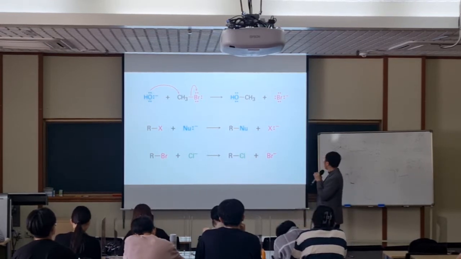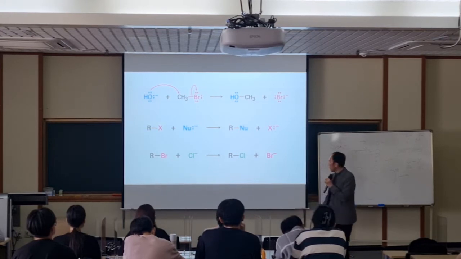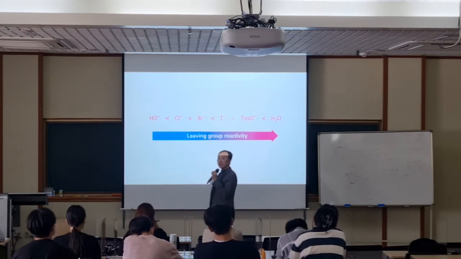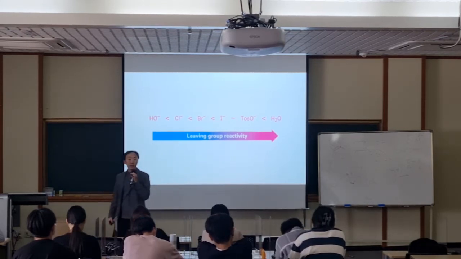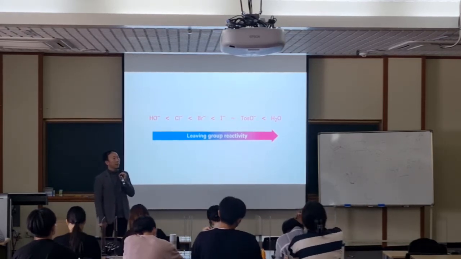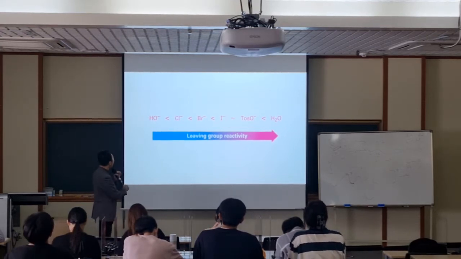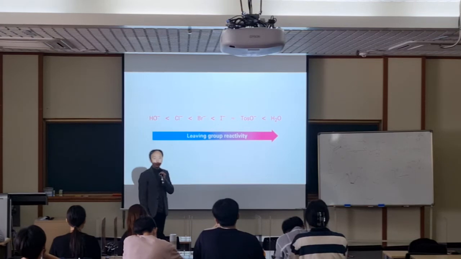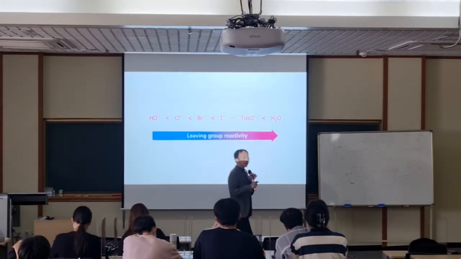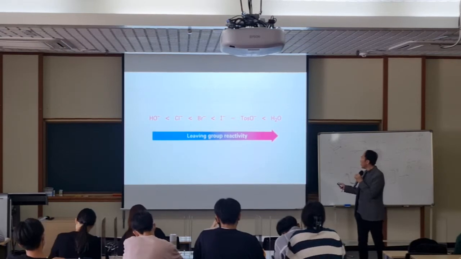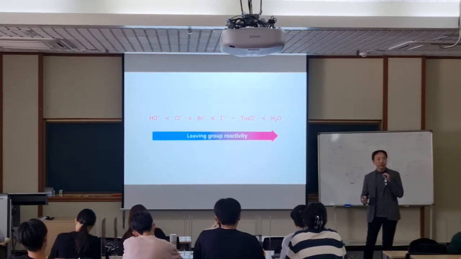If you push this reaction back, then you need to generate the species here. That species, the product, is the leaving group. So the leaving group's stability determines whether that reaction happens or not. This OH minus is not a good leaving group. But there is a way we can push that reaction to this side. How can you do that?